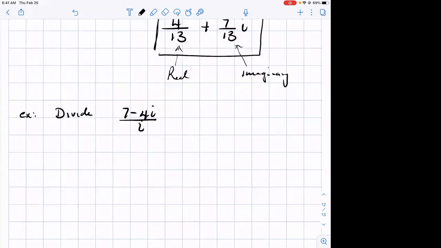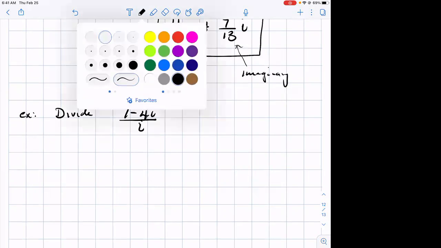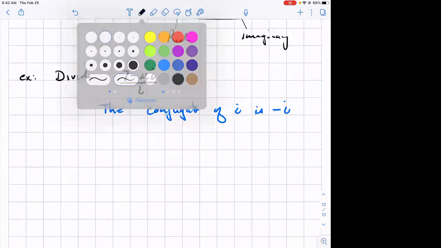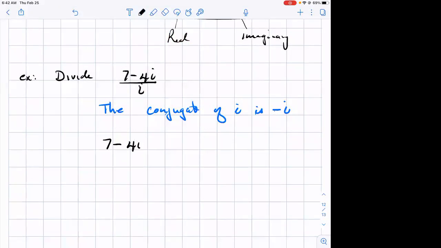So the conjugate, and this is important, the conjugate of i is minus i. So we have 7 minus 4i over i, multiply that by minus i, top and bottom.